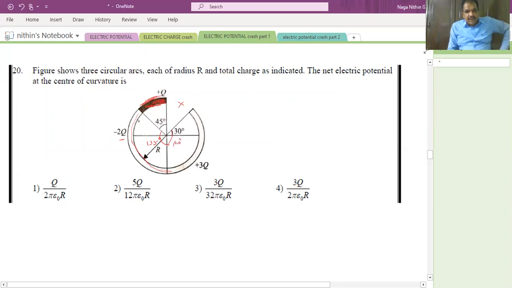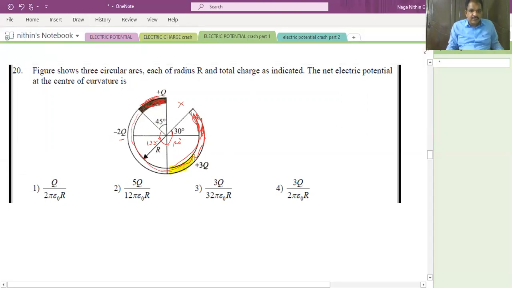So for a portion of angle 45 degrees, they gave a charge Q. For a portion of angle 135 degrees, they gave a charge minus 2Q. For a portion of angle 120 degrees, this portion here to here, the entire, they gave a charge of plus 3Q. Then what is the total potential at the center?